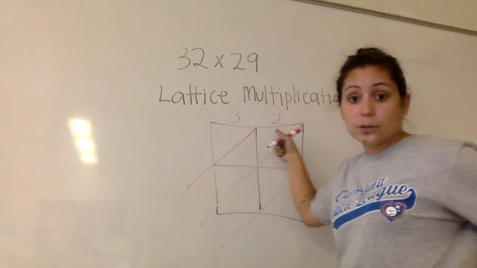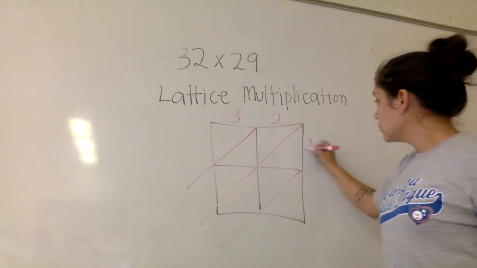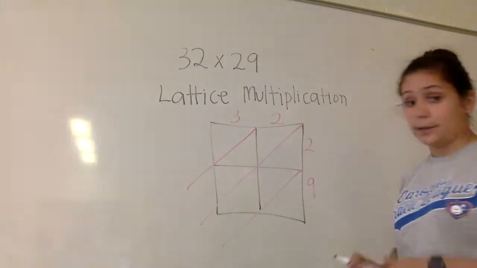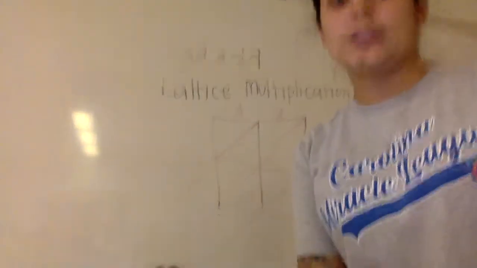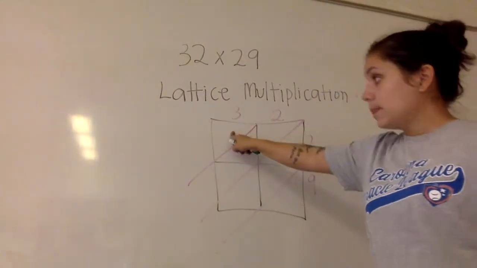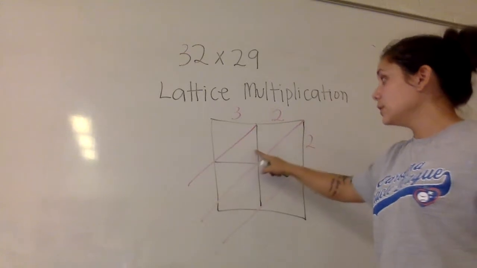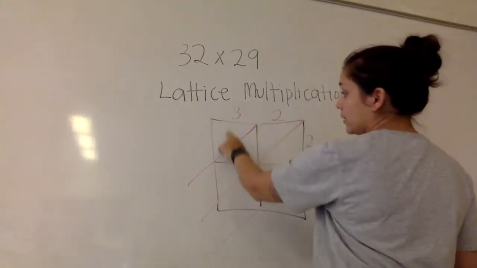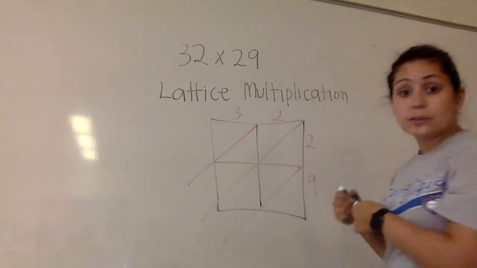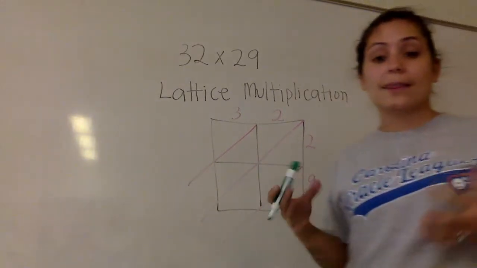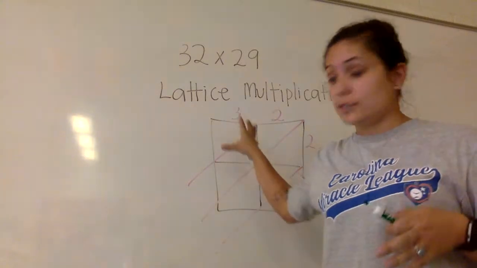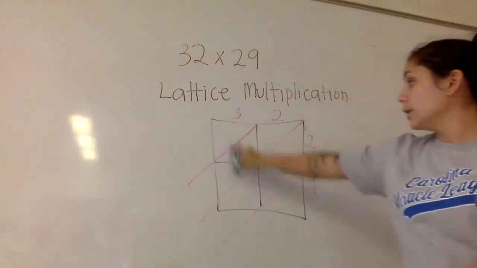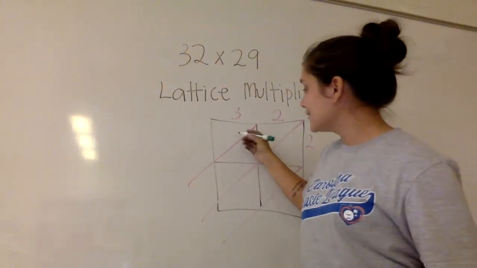32 times 29. So the first thing I'm going to do is fill in this box. This box, we've got a 3 above and a 2 out to the side. We're going to multiply. Again, this is one of those things where they don't have to know double digit multiplication. This is just single digit multiplication. 3 times 2 is 6.